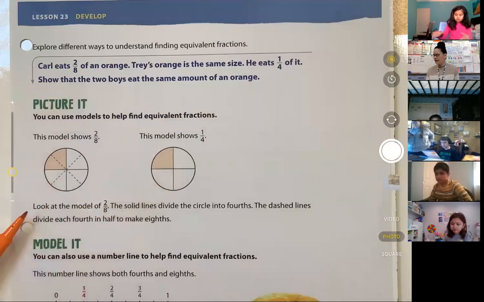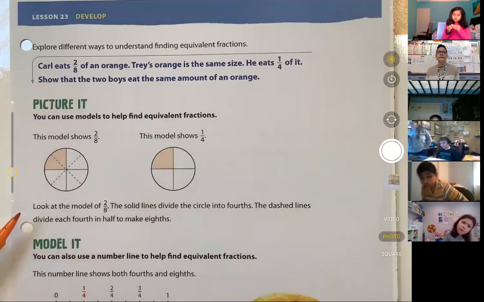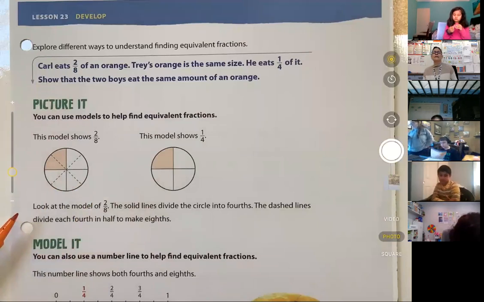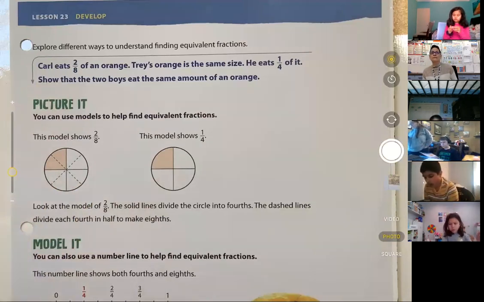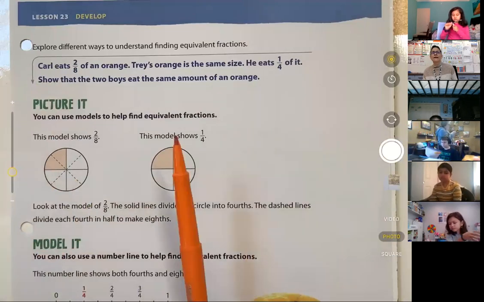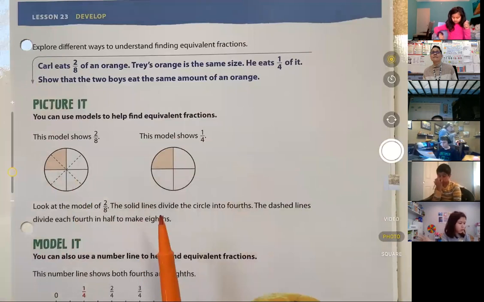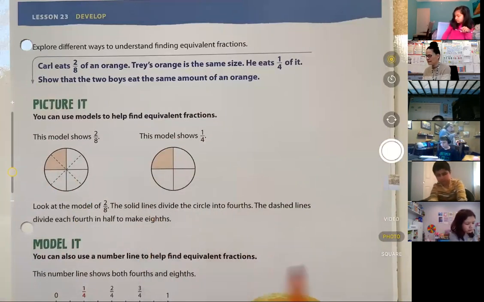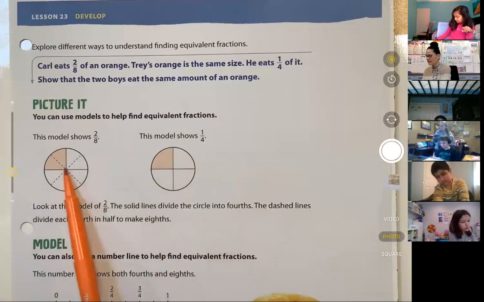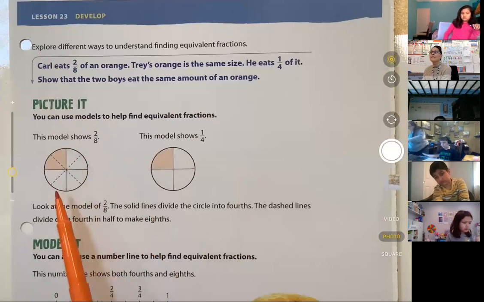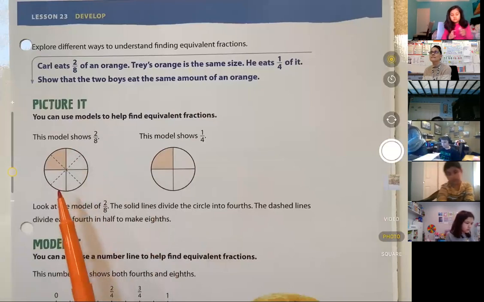We can see that the model 2/8, the solid line divides the circle into fourths. The dashed lines divide each fourth in half to make 8ths. So friends, you can see this started as the same fourths.